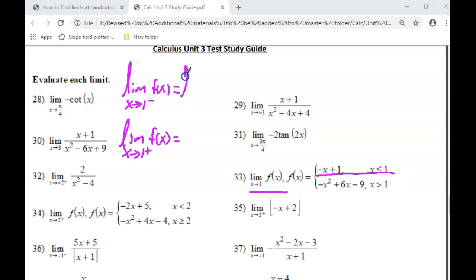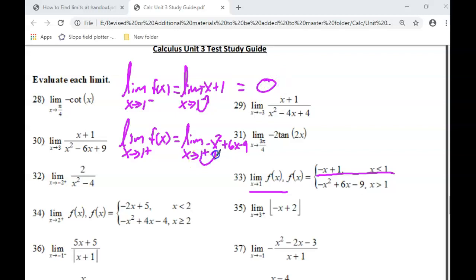So for the first one, I want to know what is the limit as x approaches 1 from the left of negative x plus 1. And for the right-hand side, we're doing the same thing, but with the bottom function instead, because that's the one from the right. Okay, so let's plug some stuff in. I'm not plugging in a negative one, right? I'm plugging in a positive one. That little negative means we're coming from the left. So if I plug in a 1, what I get is 0.